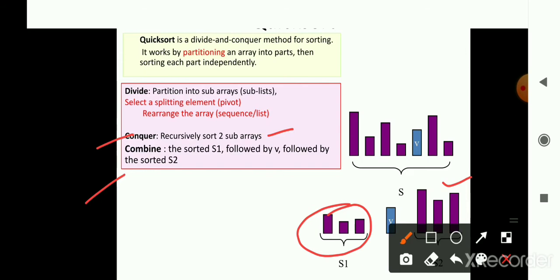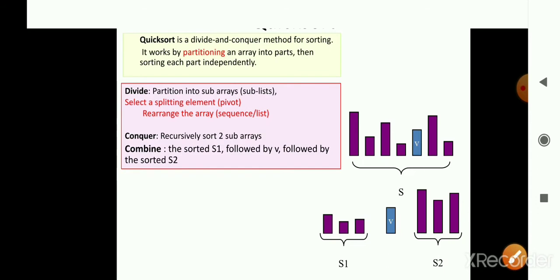So the solution we get is the sorted list, that is S1, the pivot at its original position, and S2. We get the combined list directly. That is the combine step in quicksort.